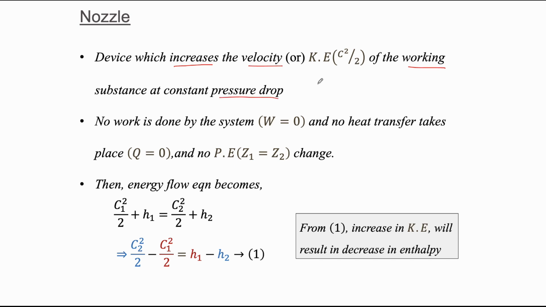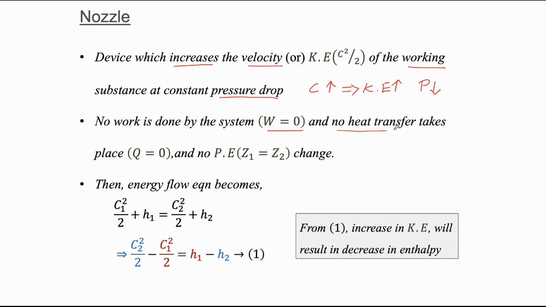So the velocity increases, which in turn increases the kinetic energy, and there is a constant pressure drop. And we can see here, there is a change in kinetic energy, but no work is done by the system. So we can see the system is not doing any work, but it expands because of the sudden pressure drop.